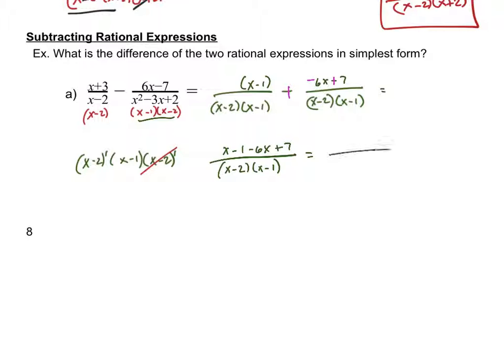Now I can combine like terms: x minus 6x is negative 5x, and then negative 1 plus 7 gives me a 6. So I have negative 5x plus 6 over x minus 2, x minus 1. And there is my new equivalent expression in simplest form.